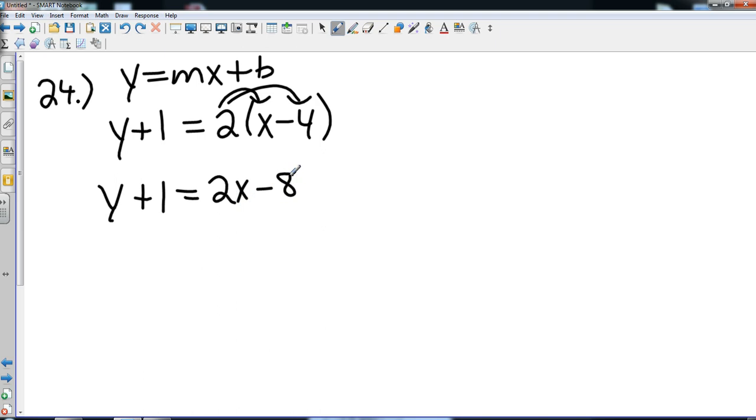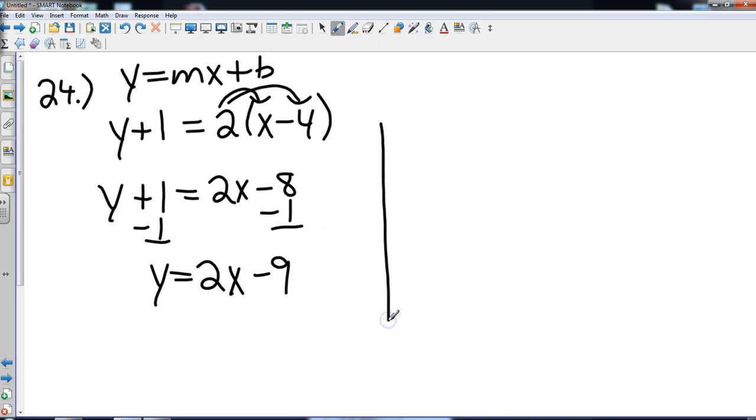Got to move one more thing. What is it? Got to move the plus 1. How do I do it? Subtract it. So I end up with y equals 2x minus 9. That is choice D. That's the grades we're going to stay away from. See, my board didn't even want me to write it.